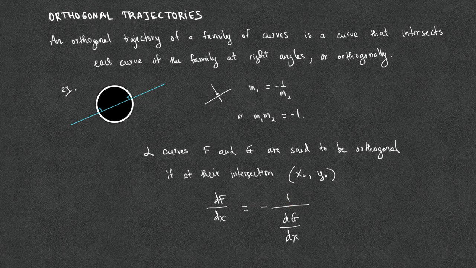And so the two curves f and g are orthogonal if at any point of the intersection, the slopes of the tangent lines are negative reciprocals of each other.